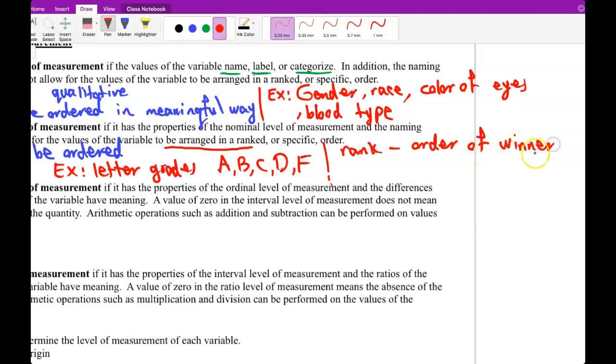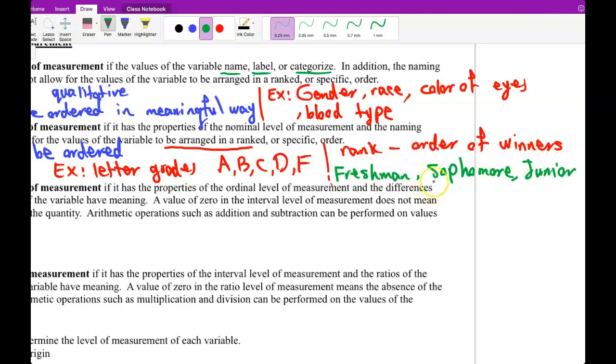Who is in first, second, and third place? Another one. We have freshmen, juniors.